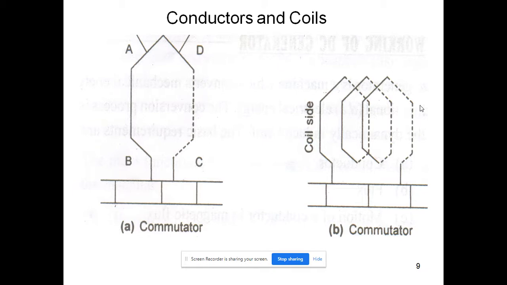See how the rectangular coil is connected to a commutator. You can see clearly in figure A and also in figure B. Here AB or CD is a conductor and the whole rectangular conductor is called a coil.